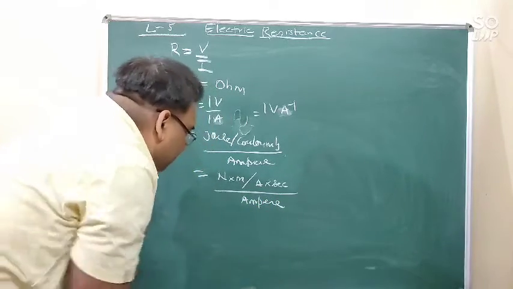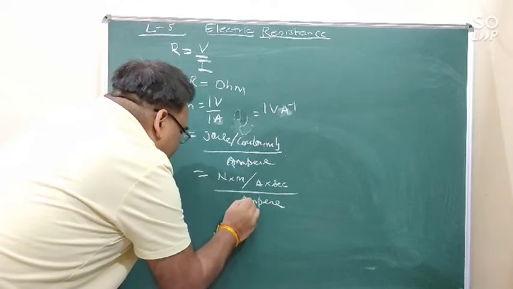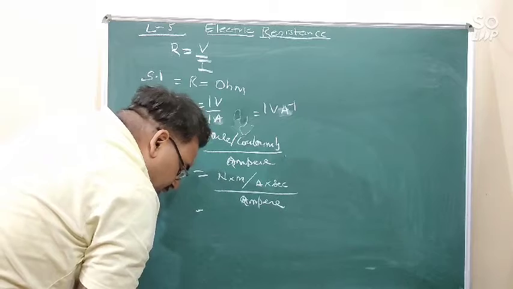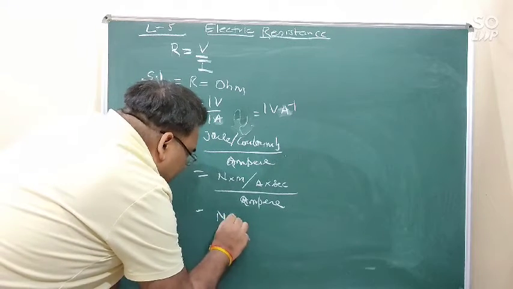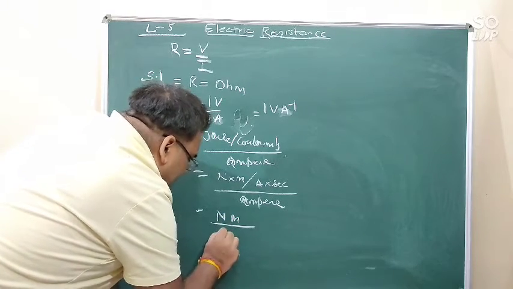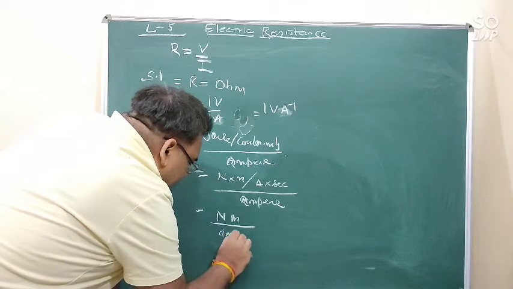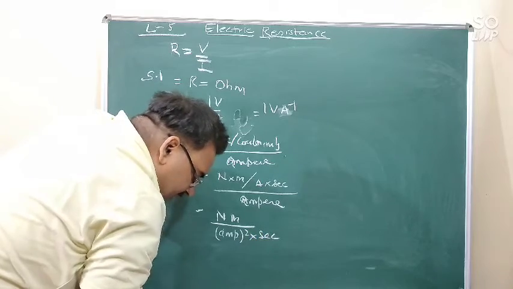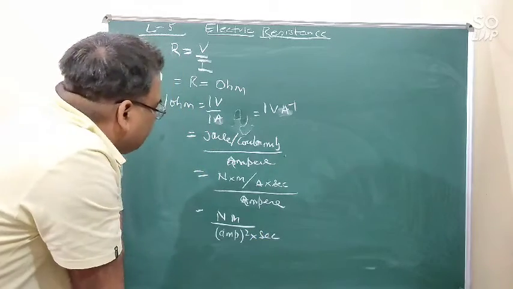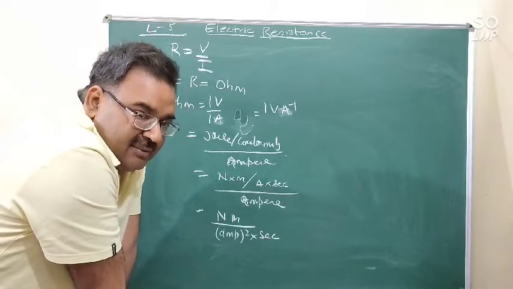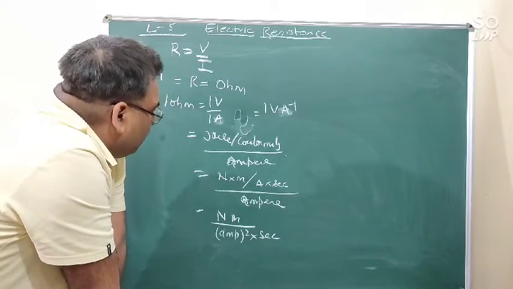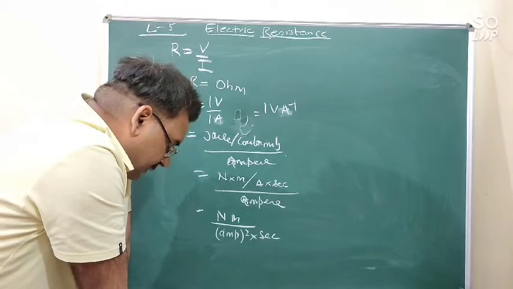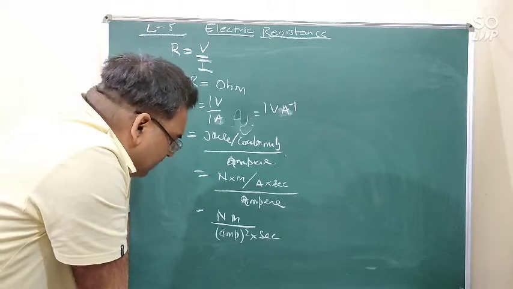Then the unit will be Newton meter upon ampere square into second. So in terms of fundamental units, the ohm can be written as Newton into meter upon ampere square into second. We can find out the dimension from this.